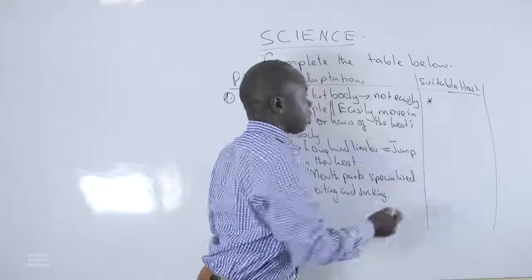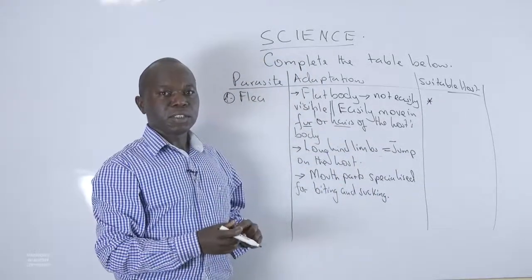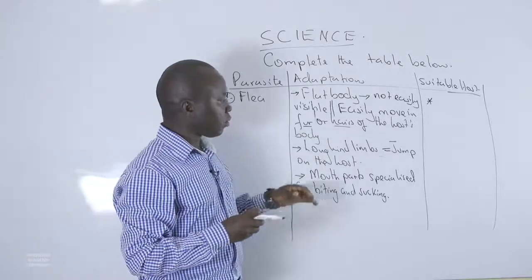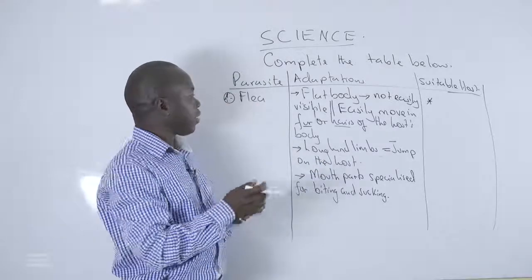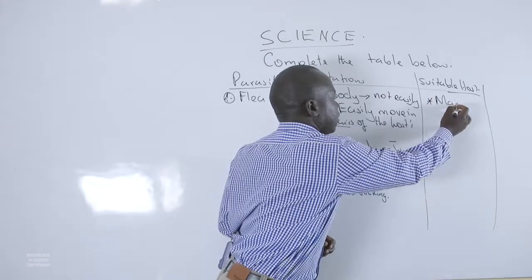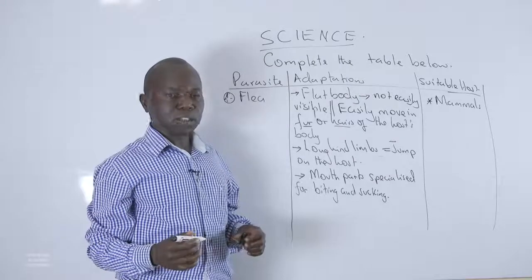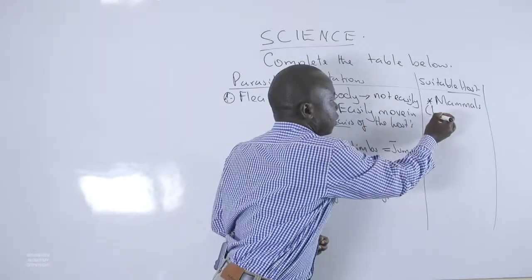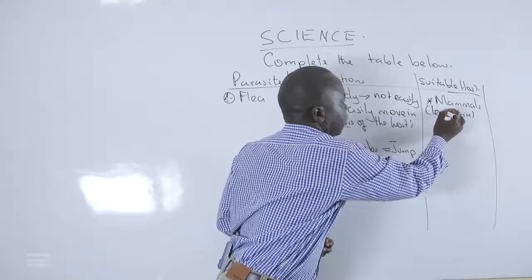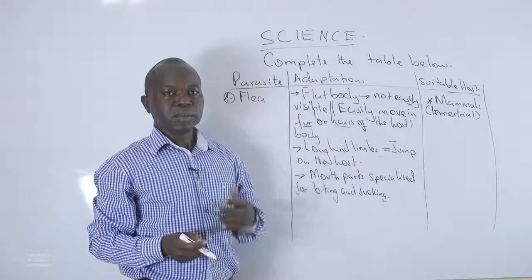So the suitable host is mainly those animals that have hairs, because if it is a smooth animal, it is not going to form a good habitat for the flea. So most mammals, especially terrestrial mammals. When we talk of terrestrial, it is the same as land. We have mammals in water.